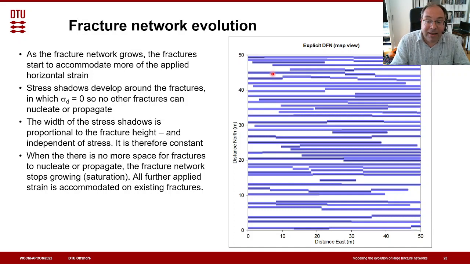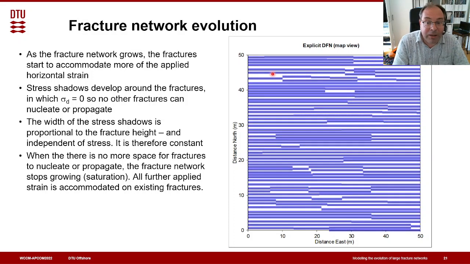Now, obviously, the total volume of the fracture stress shadows will increase through time as the fracture network grows, until eventually we reach a point where there is no more space for fractures to nucleate or propagate between the existing fracture stress shadows, at which point the fracture network cannot grow any further.